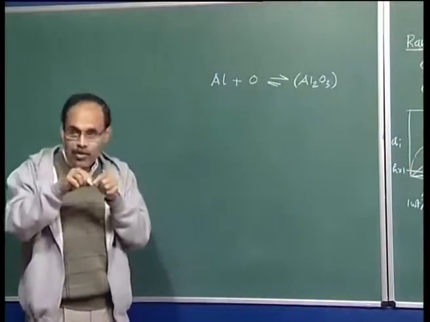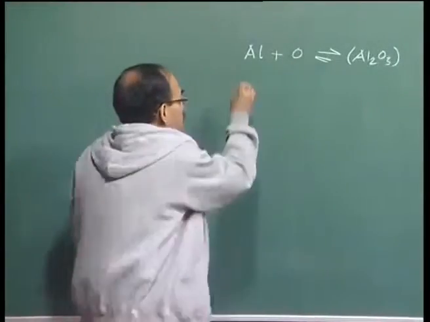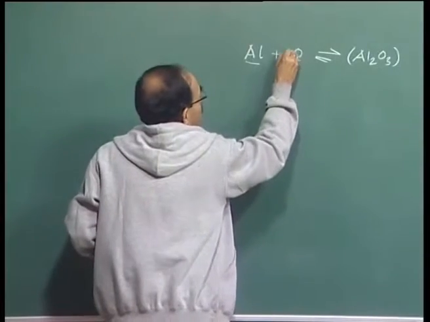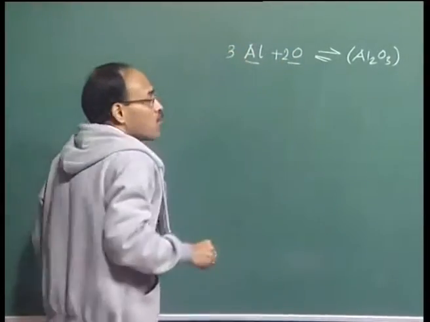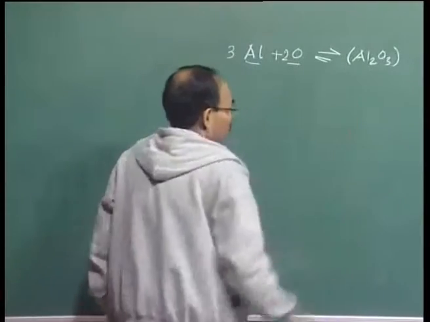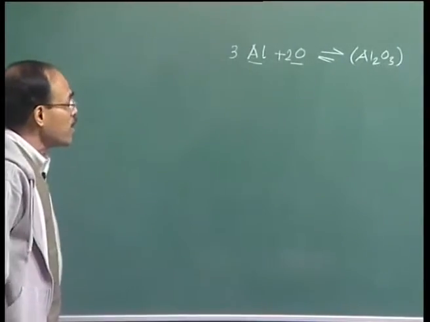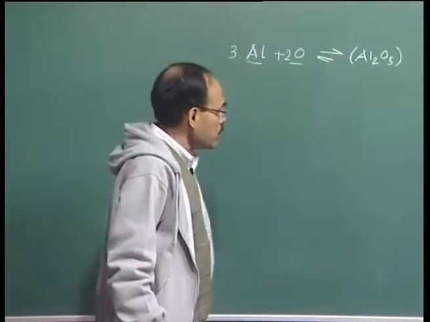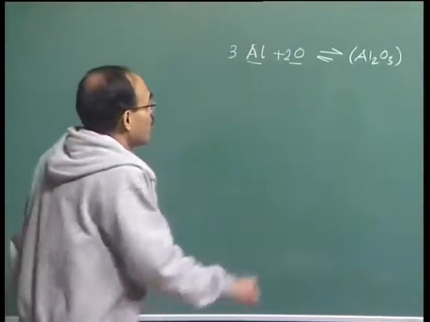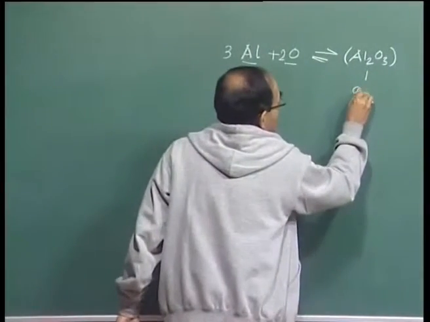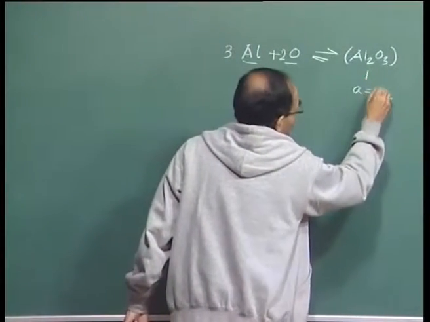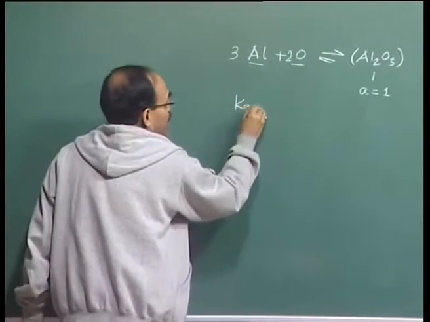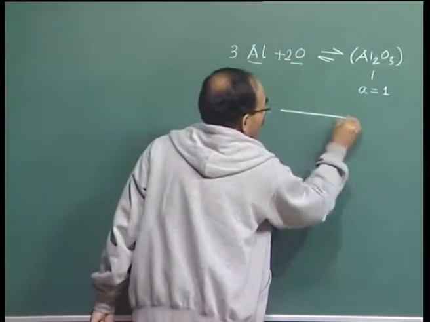So aluminum reacts with dissolved oxygen: 3 atoms of aluminum and 2 atoms of dissolved oxygen produce 1 molecule of Al2O3, and if this is formed in the pure phase, then the activity of Al2O3 is equal to 1.